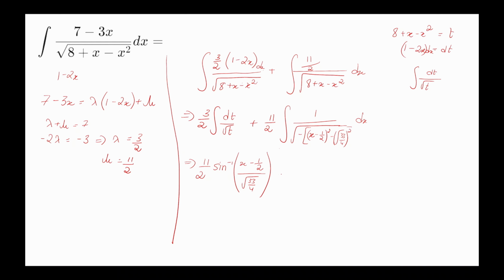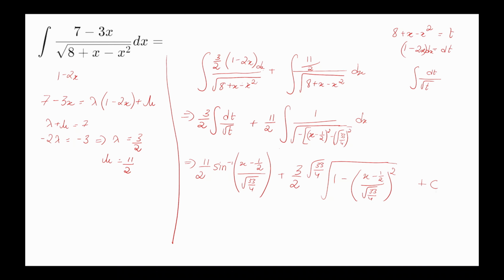Now from the second function, I'm going to have 3 by 2 root under 33 by 4 whole, and if you remember the formula that we had studied earlier, this would become 1 minus ((x minus half) upon root under 33 by 4) whole square. Wouldn't this be the answer that I'm going to get? Plus there would be a constant of integration c as well.